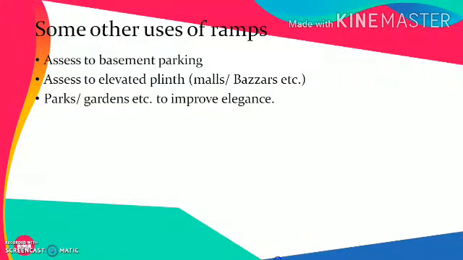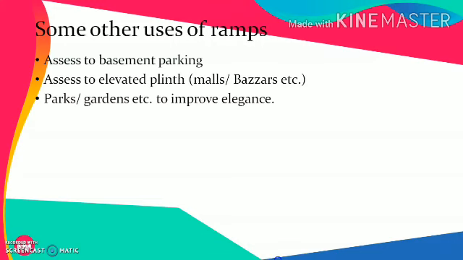Other than this, a ramp can even be used in building construction for access to basement parking. Particularly nowadays, parkings are constructed at the basement as well as at higher elevations like the first floor or second floor, and for that, generally ramps are provided.